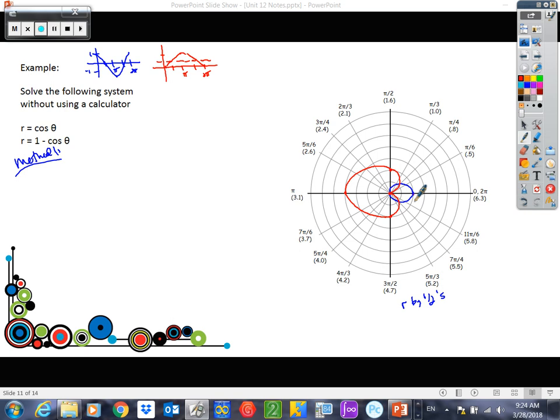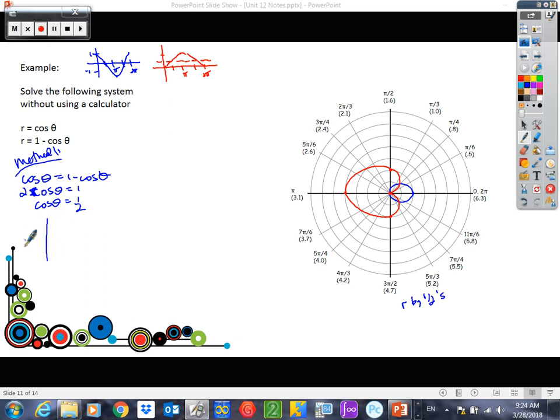So let's keep going on method 1. With method 1, we graph, then we solve them by using substitution. Since these are both equal to r, why don't we just make them equal to each other? So cosine theta equals 1 minus cosine theta. I add the cosine over, I get 2 cosine theta equals 1, or cosine theta is 1/2.